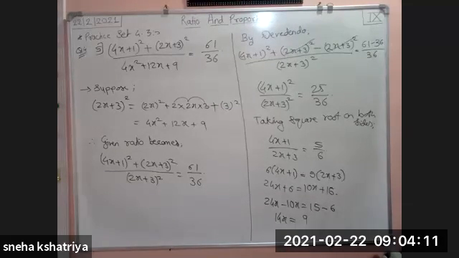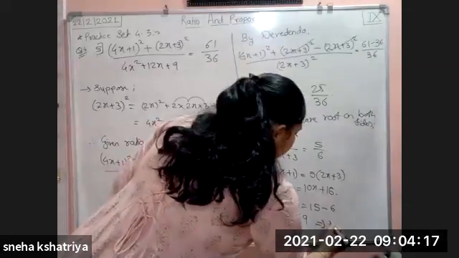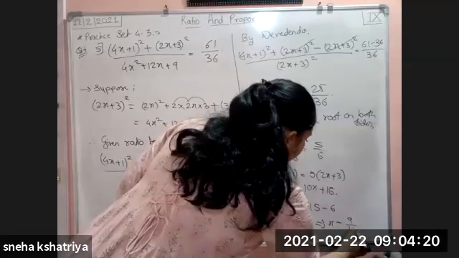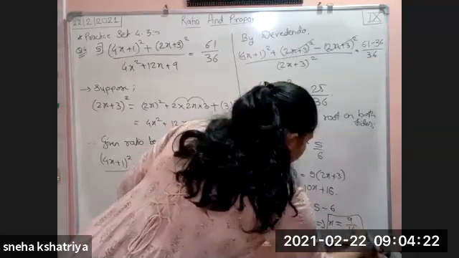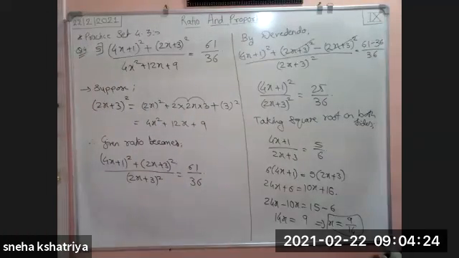So we'll get x is equal to 9 upon 14. So in this way, you have to solve the examples.